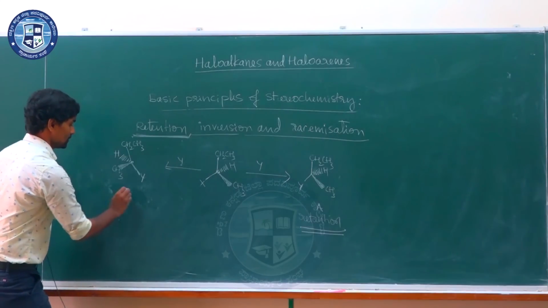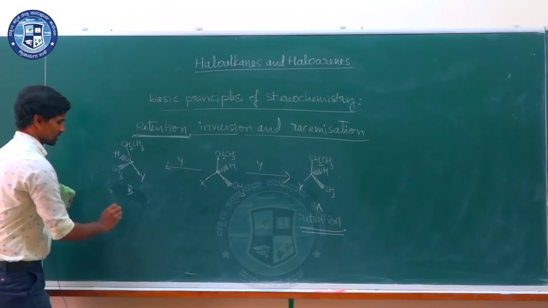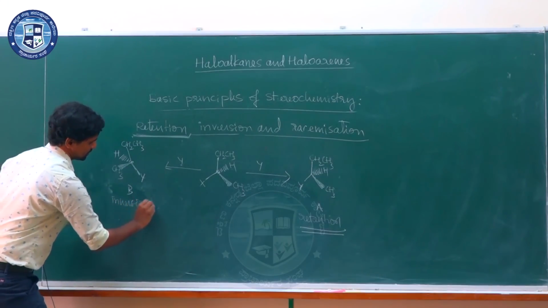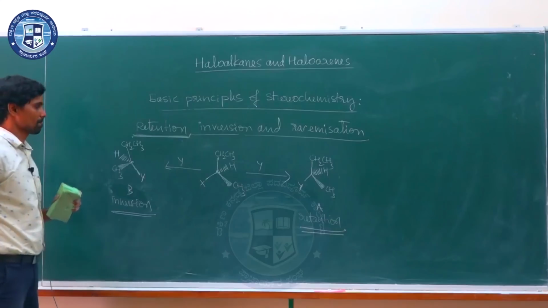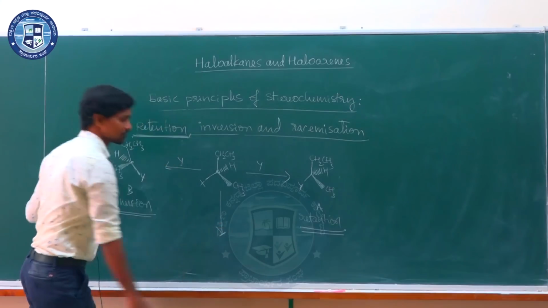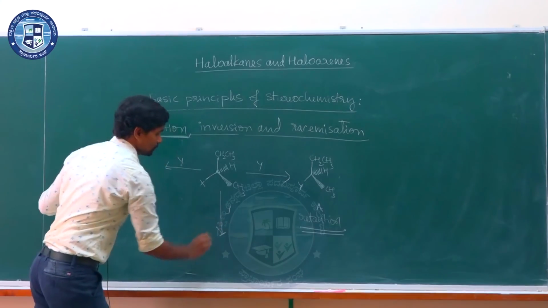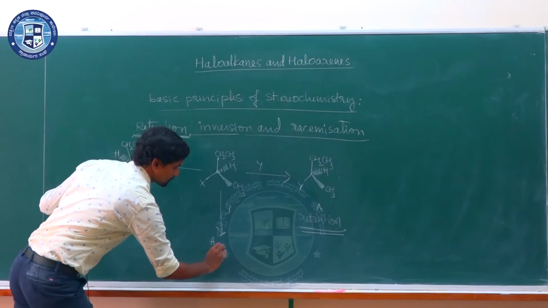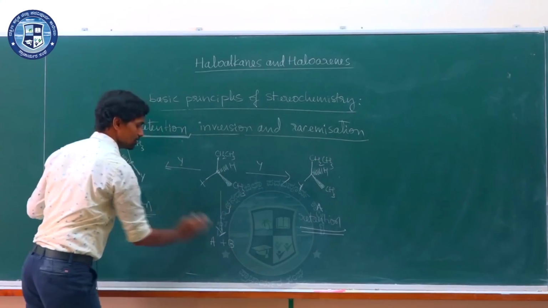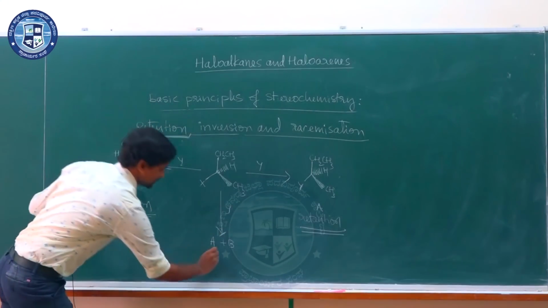So, if you get only B as the product, inversion takes place. Now, in a process where you get A and B, both to an equal extent, 50-50%.